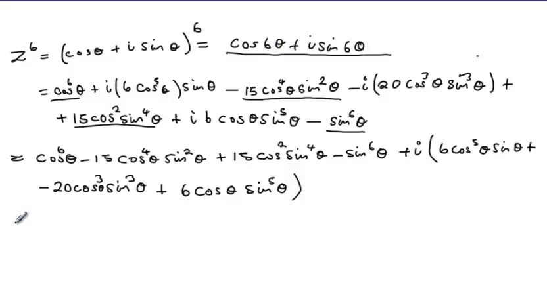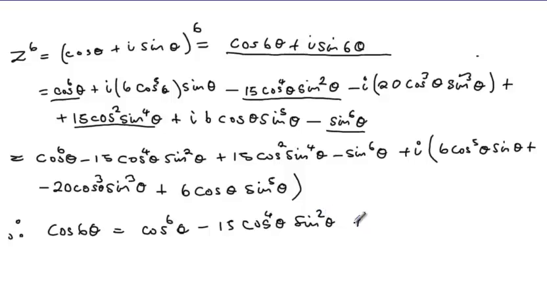So what I can tell you now, I can now say therefore here cos 6 theta equals to that whole real part there, which is cos 6 theta minus 15 cos theta power 4 sine theta power 2 plus 15 cos theta power 2 sine theta power 4 minus sine theta power 6.